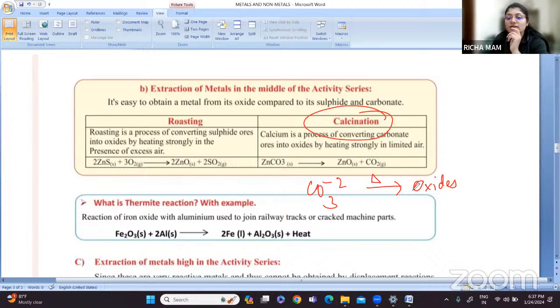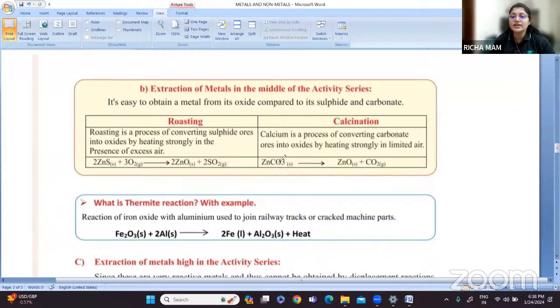Again by heating, but supplying air in a limited amount. So calcination is a process wherein we convert the carbonate ores into oxide by heating strongly in limited air. That is ZnCO3 solid giving you ZnO plus carbon dioxide gas. So this is the reaction.